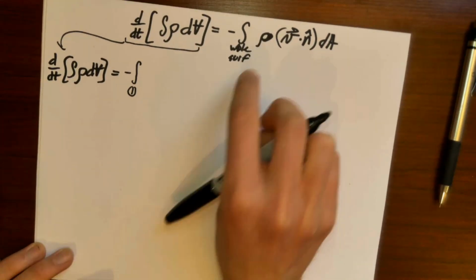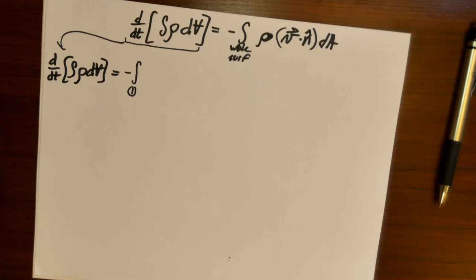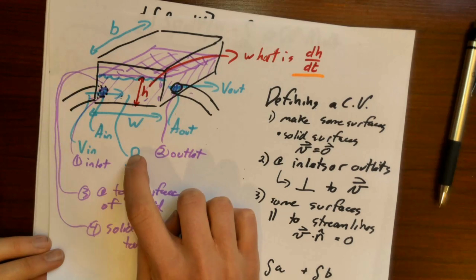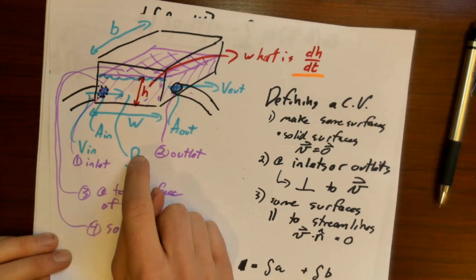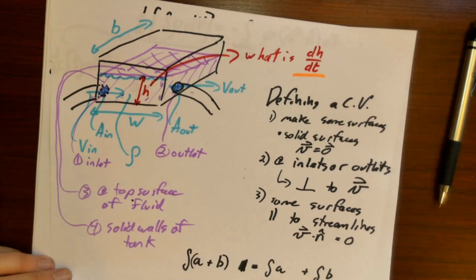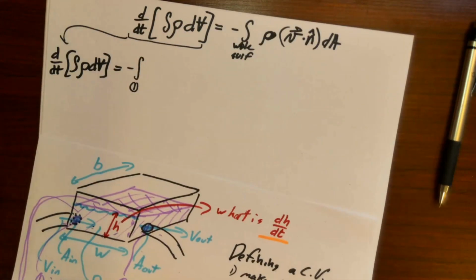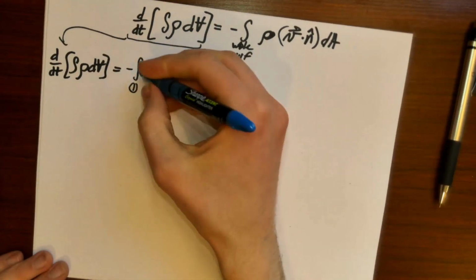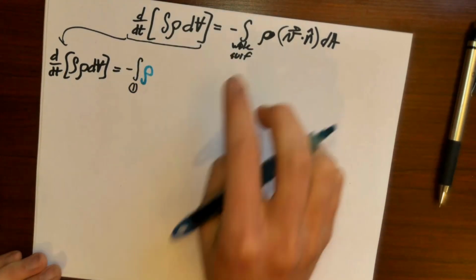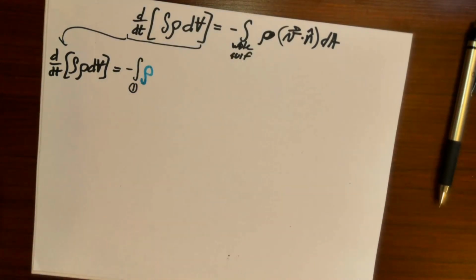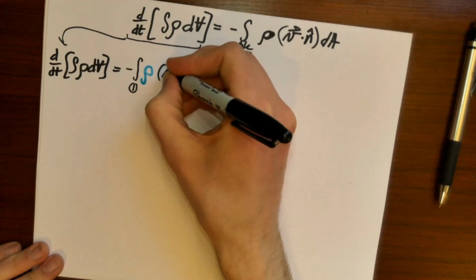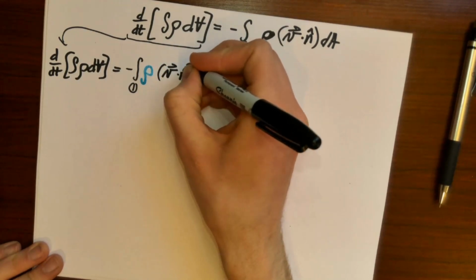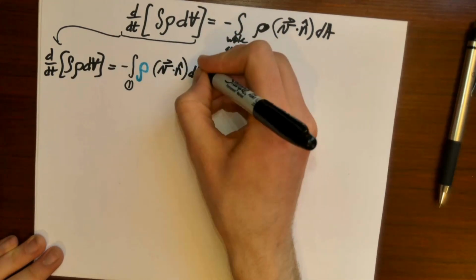Here I drew rho in black, but if you go back to our problem statement, the density of the media is a known parameter in this case. So we can treat rho as a known constant. So let's go ahead and change rho over to blue to reflect the idea that we know it. And then we'll have v dot n for surface 1 dA.